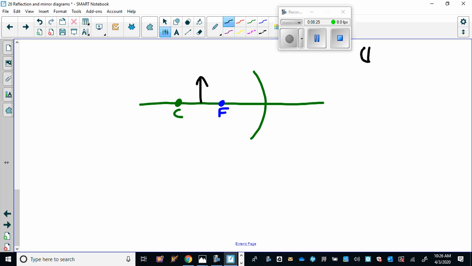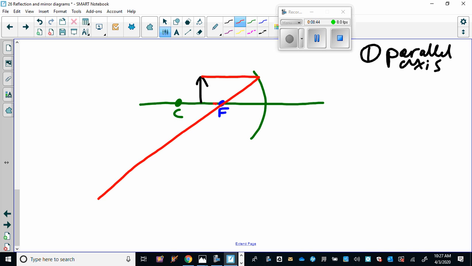Rule number one says if a light ray goes parallel to the axis, parallel to this axis down here, it will reflect through the focal point. So it will reflect through the focus.